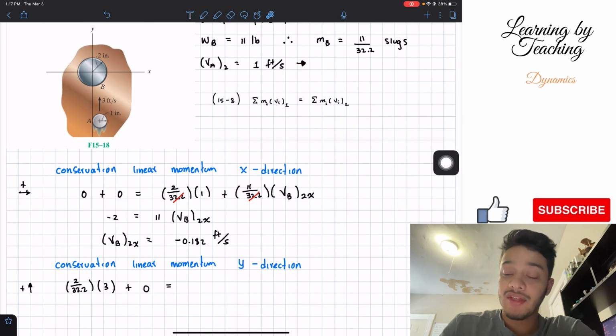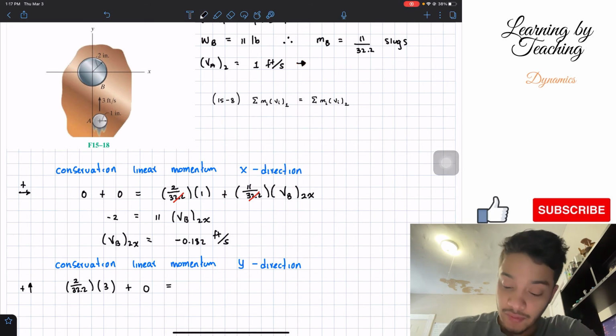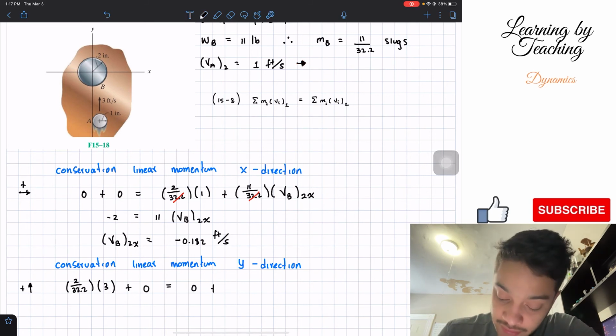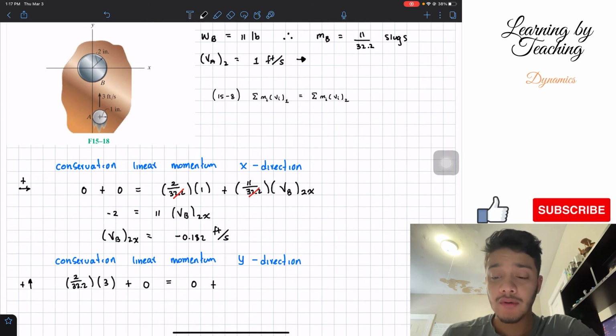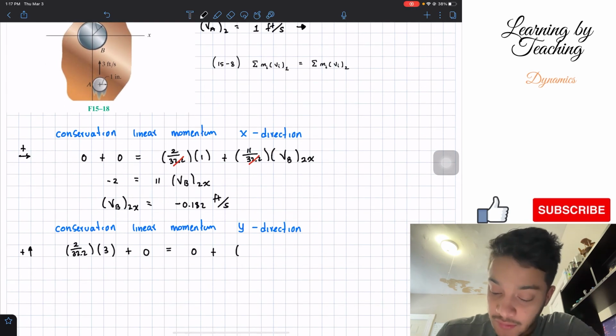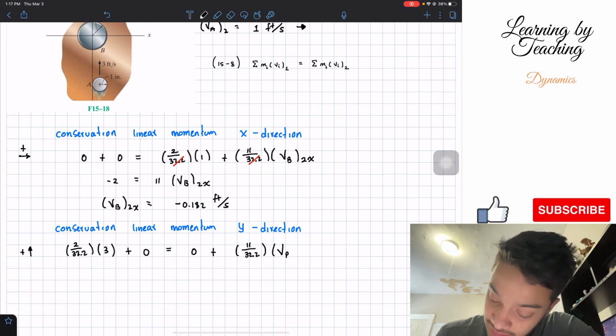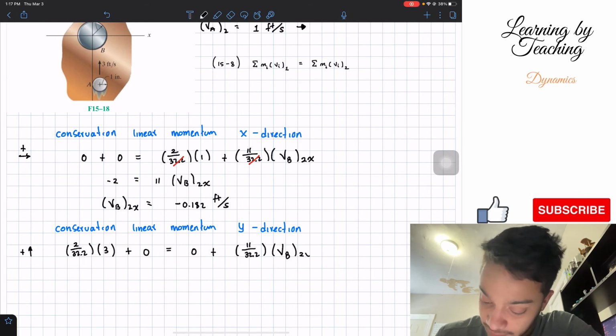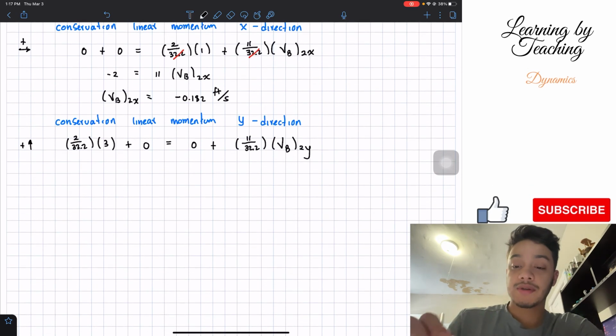That means that we have nothing going up or down. Therefore, we got 0 for our disk A. And for our disk B, well, we have the mass, which is 11 over 32.2 multiplied by its velocity, which is what we're trying to find after the collision in the y direction.